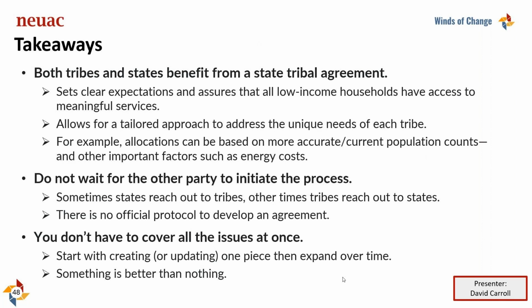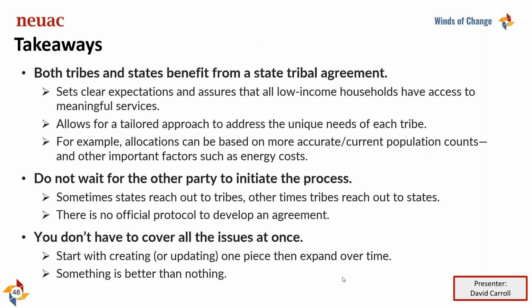So the key is, don't wait for the other party to initiate the process. Sometimes the states reach out to tribes, other times tribes reach out to the state. There's no official protocol. OCS will accept whatever you all come up with. So if you see a way to improve what's going on, please reach out to your state program manager and let's make it work.